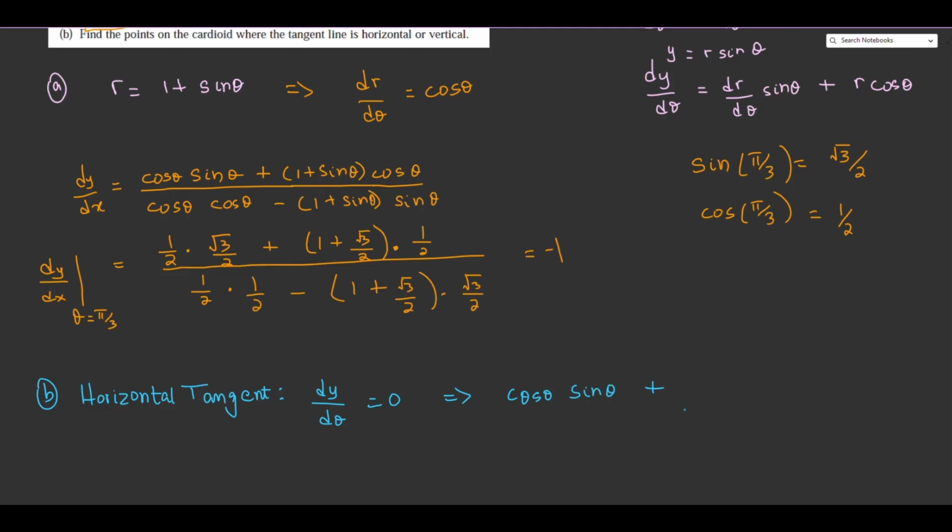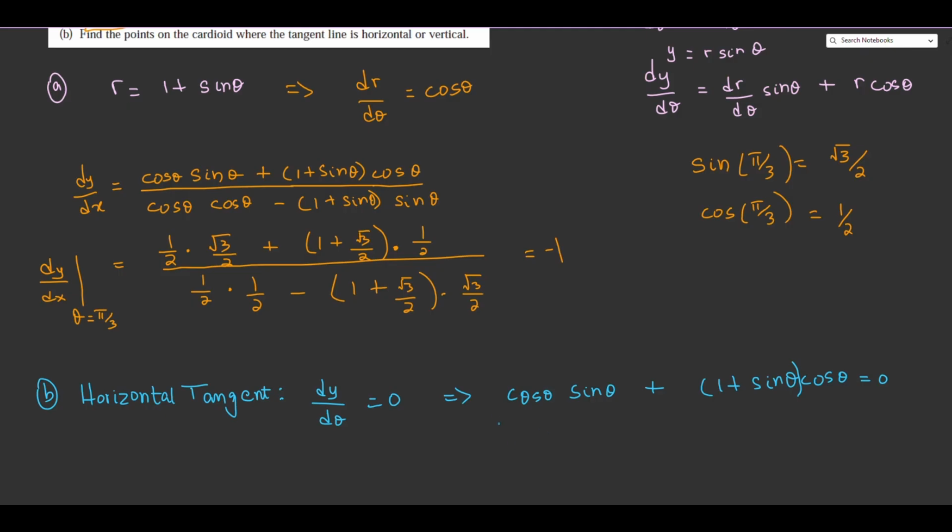And what is r? r is 1 plus sine of theta multiplied with cosine of theta. This cosine theta is outside, and we will put this thing equal to 0.